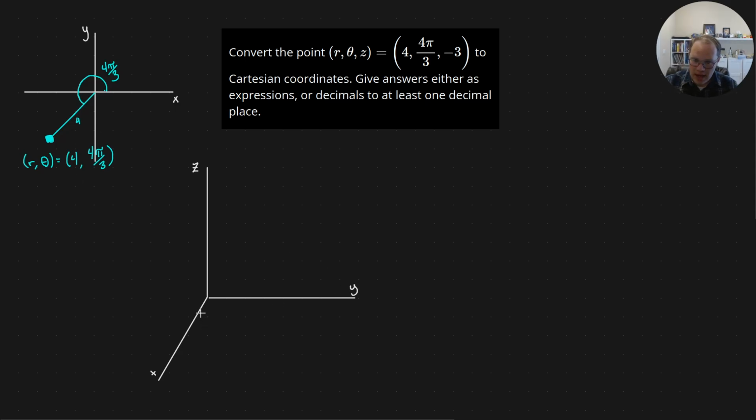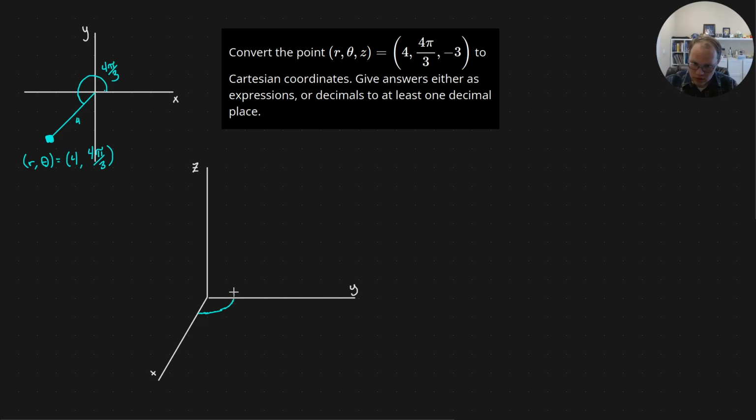So I want the angle to be 4 pi over 3. That's going to be in quadrant 3. I start from the positive x-axis, just like I do here, positive x-axis. And I go around, quarter circle. Try to make this look a little more perspective-y.